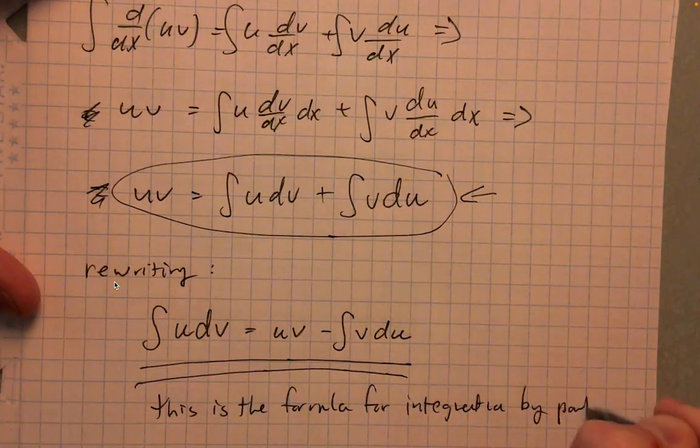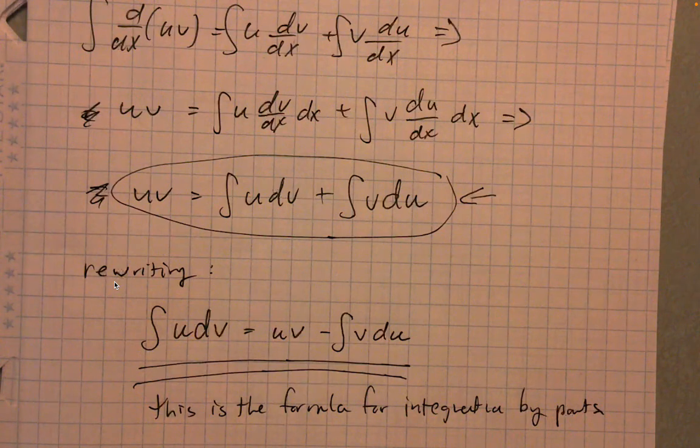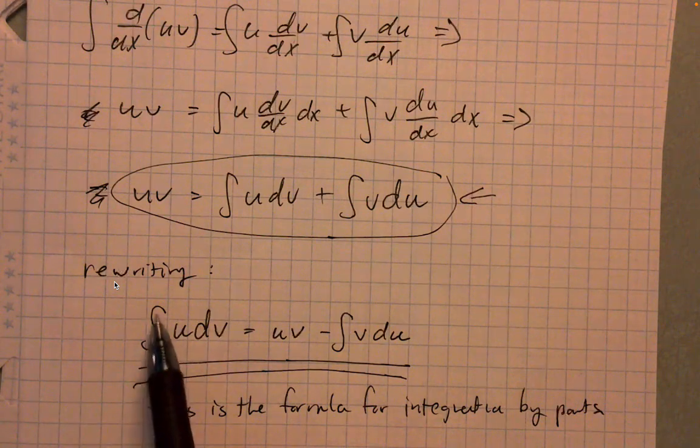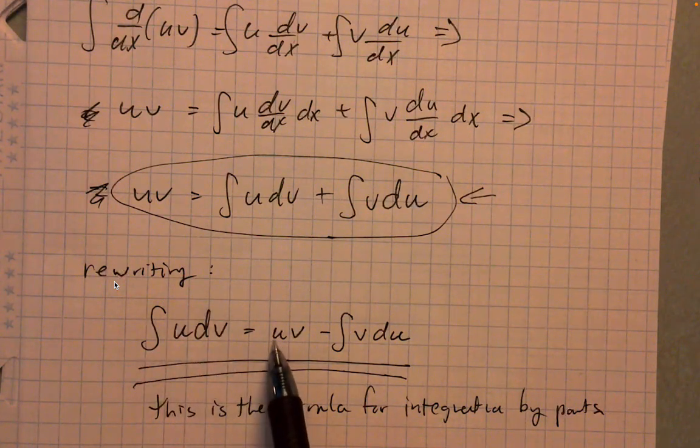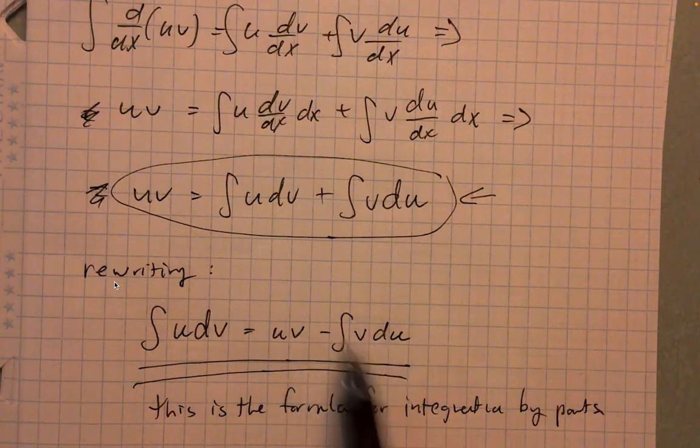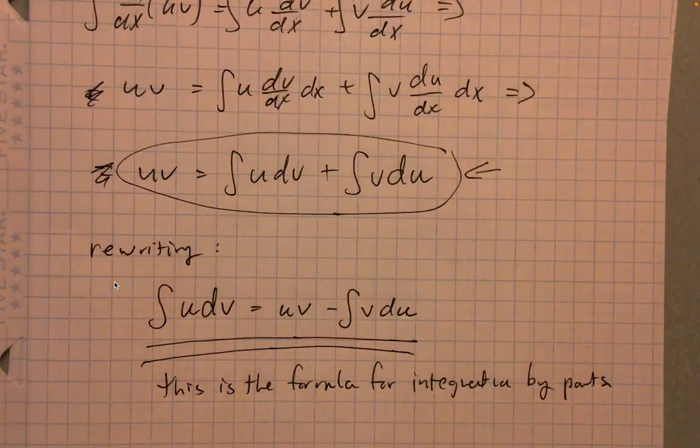I know that on the surface this doesn't seem like it would be very helpful. I want to know the integral of u with respect to v, and I have to compute u times v minus another integral. Well, the key to this integration technique is the choice that you make for u and v.